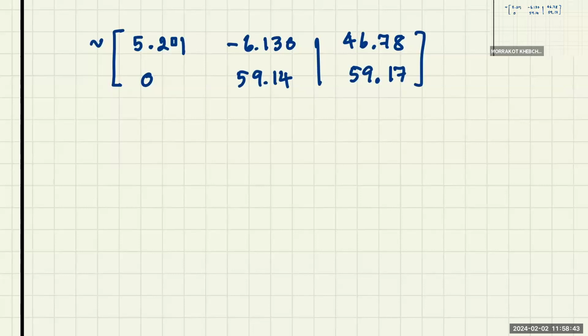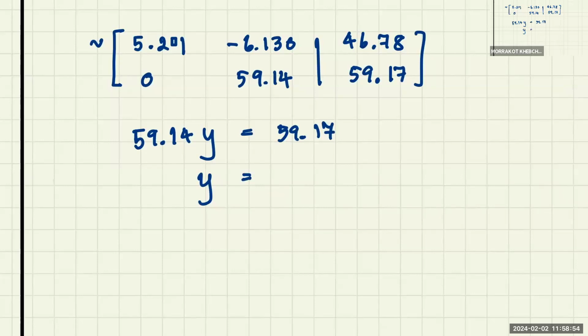So I will get 59.14y equal to 59.17. So y is 1.001.